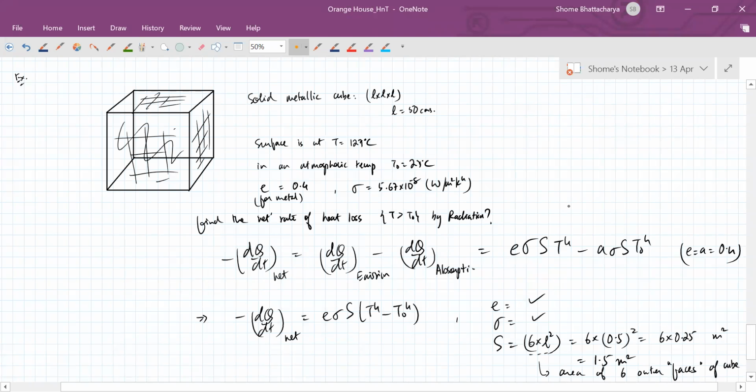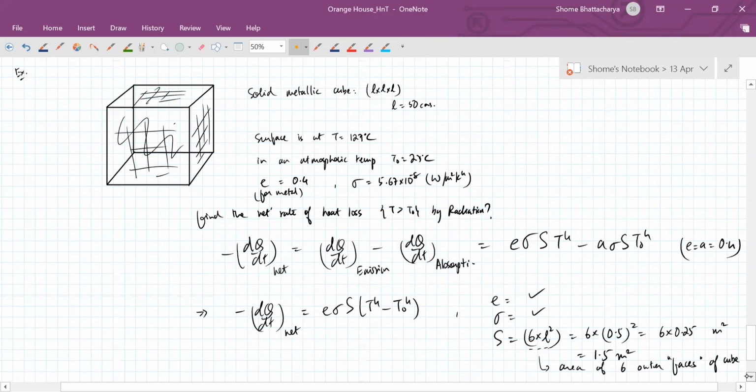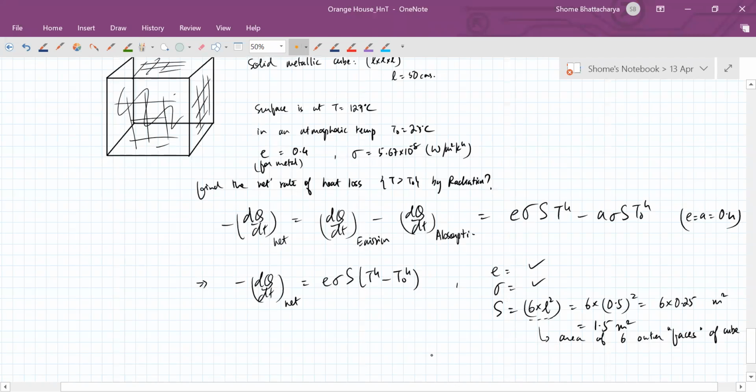Okay. So that is the only thing in which we have to apply a little bit of geometrical concept. Rest is direct formula based. Okay. So this is S. Now the other thing is T must be substituted in kelvins. So it will be substituted as 400 kelvins. And surrounding temperature similarly will be 300 kelvins because it is given to us as 27 degrees.